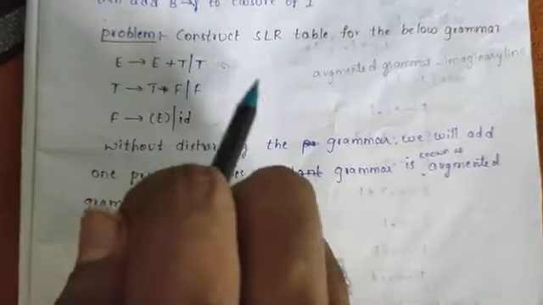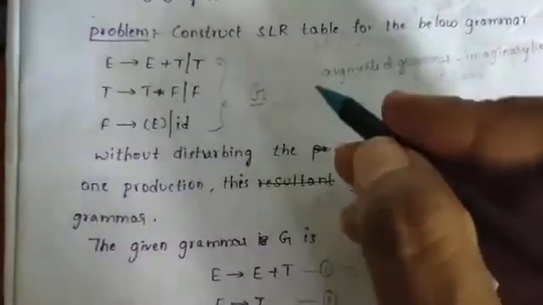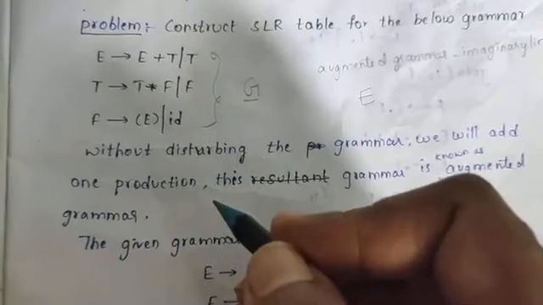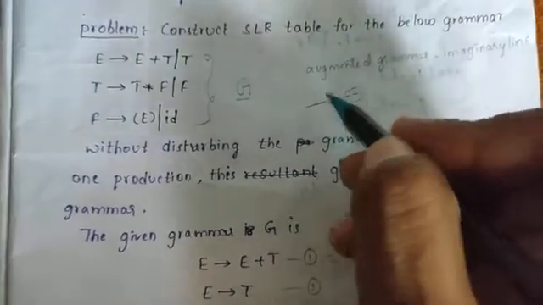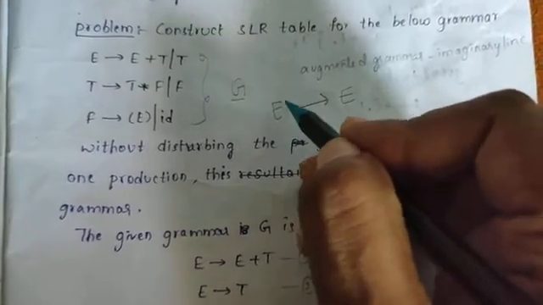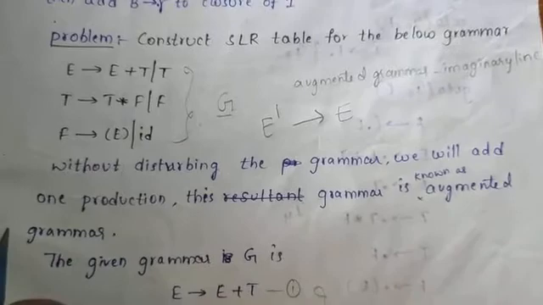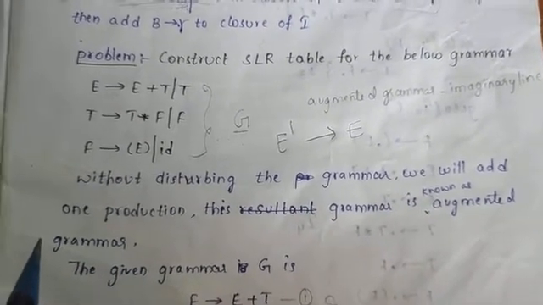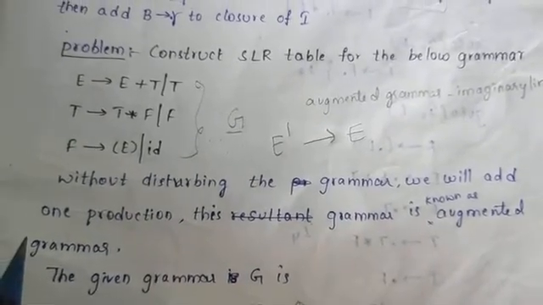That is the augmented grammar of G. Here the starting symbol is E, so we introduce one more dummy non-terminal, E dash. E dash is not in the original grammar; for the sake of completing the production, we take this as a dummy non-terminal.